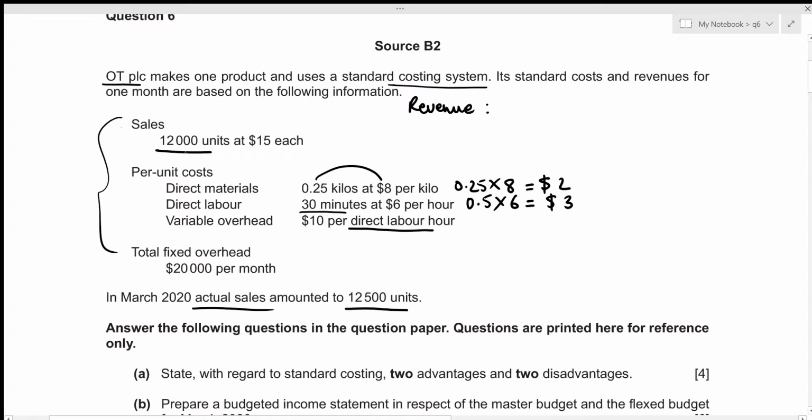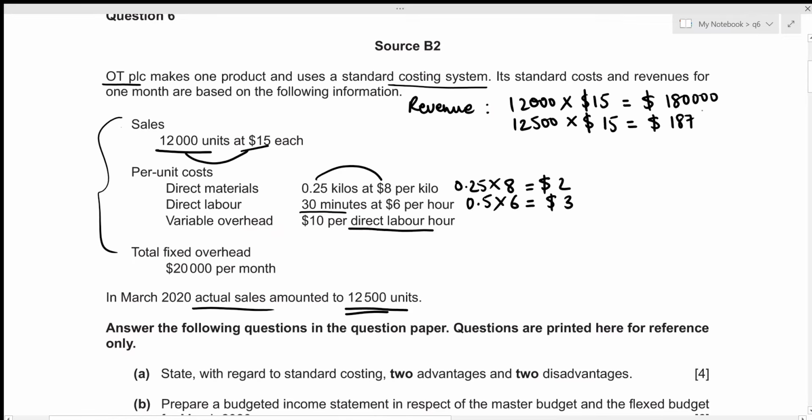For master budget, that's just going to be total number of units times the per unit selling price. So that's just going to be 12,000 times 15, which results in the total revenue to be incorporated in our master budget to be 180,000. And for flex budget, that would be 12,500 units. So that's 12,500 units times the selling price per unit of 15, which results in the total revenue to be incorporated in our flex budget to be 187,500.